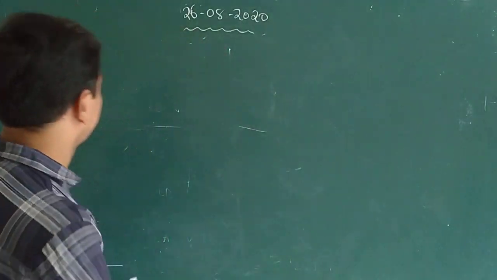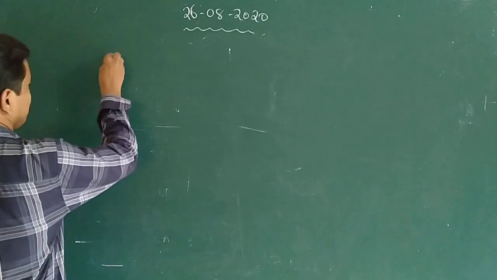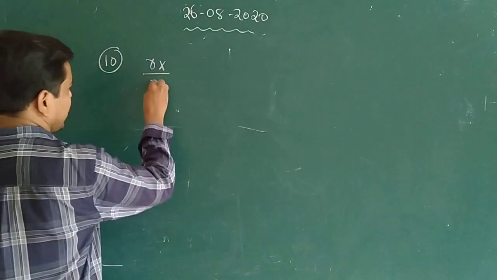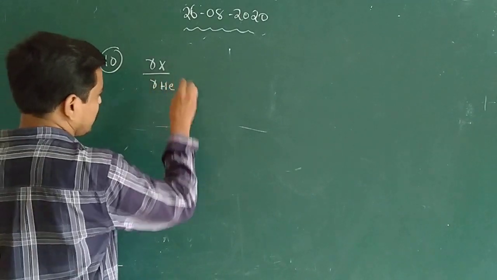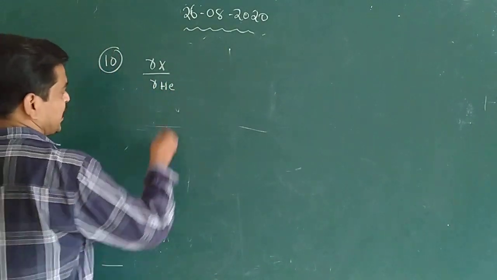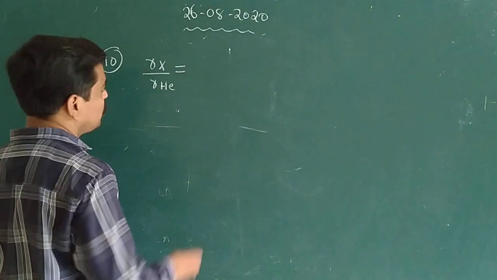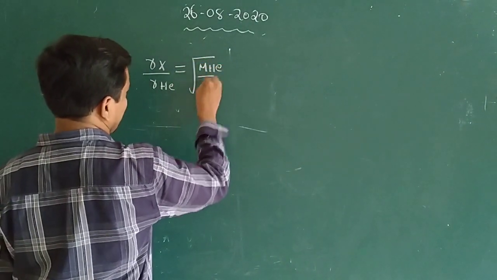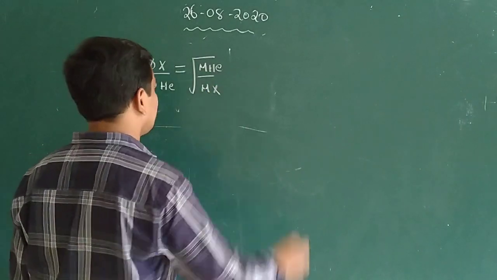So listen, here, given, question number 10, a certain gas. Rx by Rhe is equal to square root of Mhe by Mx.